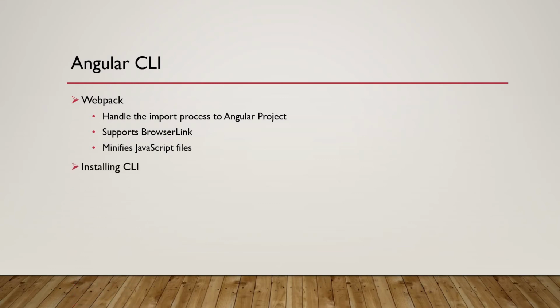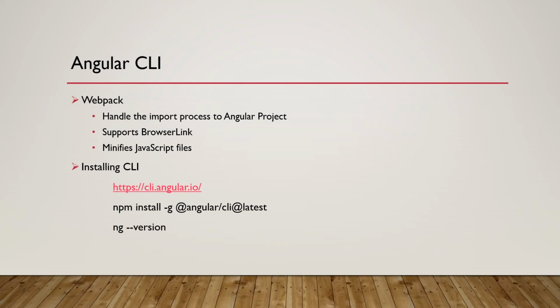To install Angular CLI, we just need to type the command npm install -g @angular/cli@latest in the terminal. To check whether Angular CLI is installed properly or not, we just need to type ng --version in the terminal.